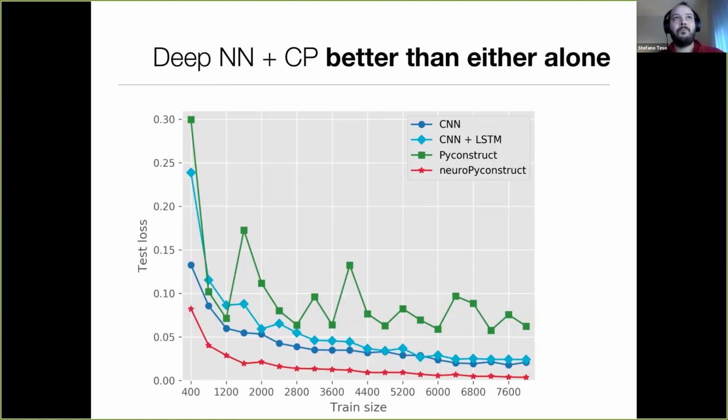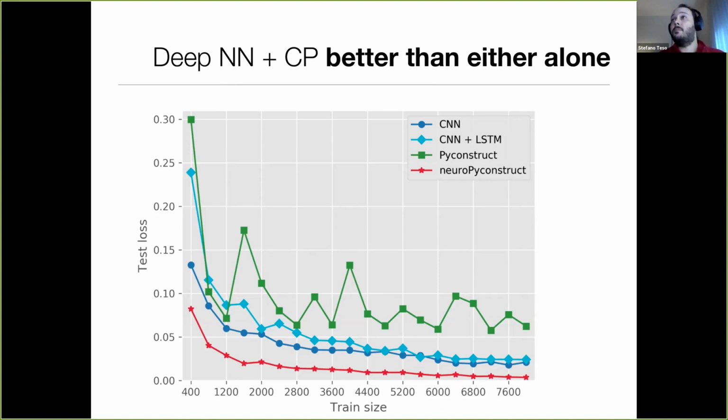Now, does it work? Well, we have checked whether this is actually the case by comparing our approach, a neural network with a constraint layer on top, against 3 different alternatives. One is just a simple CNN that is applied independently to all images. One is a CNN that is followed by an LSTM layer that tries to smooth out the prediction across the sequence of digits.